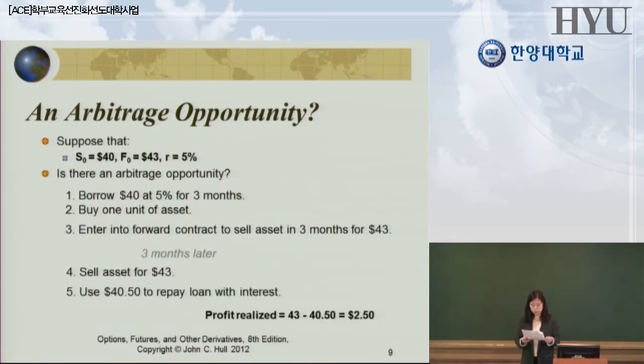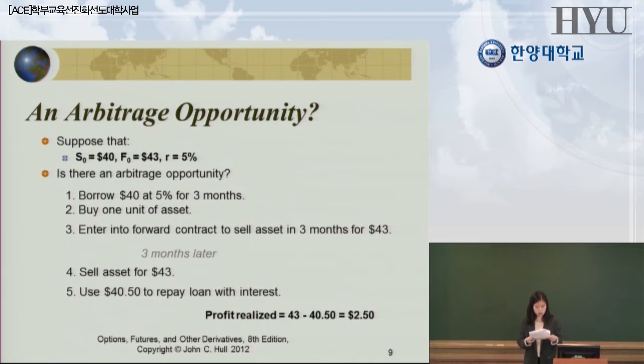To solve this problem, first borrow $40 at 5% for 3 months, and with that money buy 1 unit of an asset and enter into a forward contract to sell the asset in 3 months for $43.